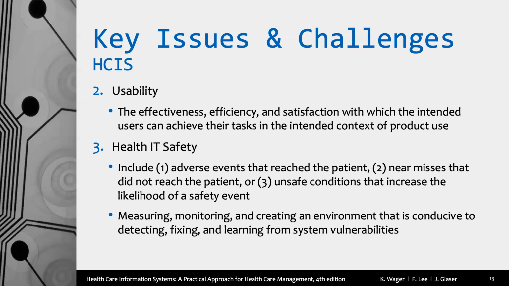Also, things specific to safety. In a perfect world, a well-functioning EHR will alert us to adverse events, things like administering a medication that the patient is allergic to, or a medication that the patient maybe already received. The text cites unsafe conditions.